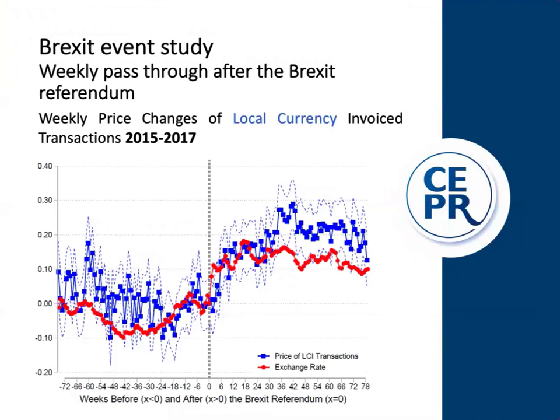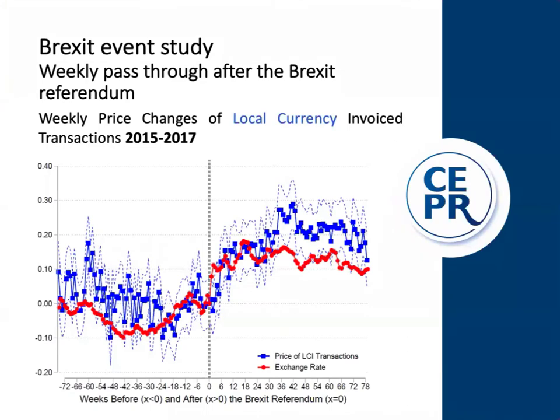Measured in sterling, just days after the Brexit depreciation, where the pound fell 10%, the price of goods that were invoiced in local currencies of foreign destinations was almost immediately raised on the export side.